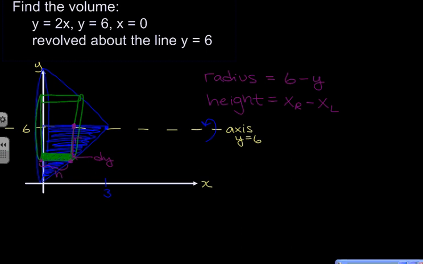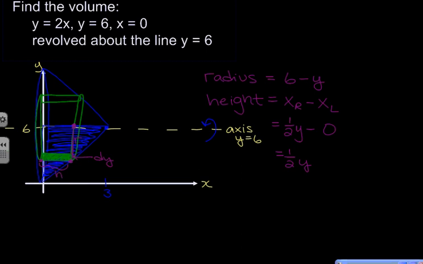So x is going to equal 1/2 y. And for our x left function, that's just the y-axis, so that is where x is equal to 0. So our equation for height is just going to be 1/2 y.